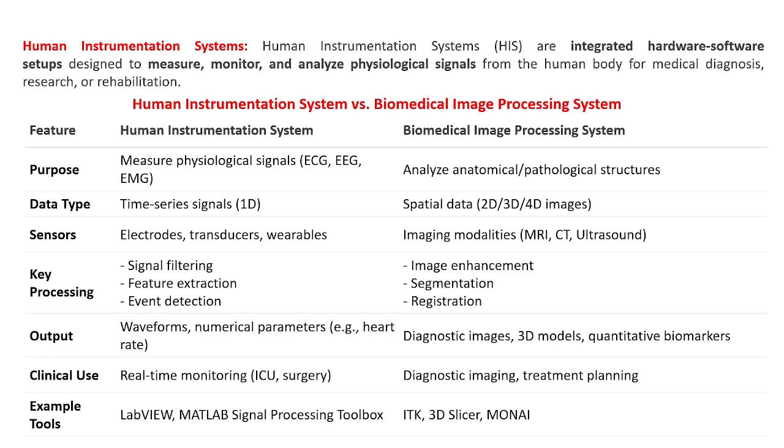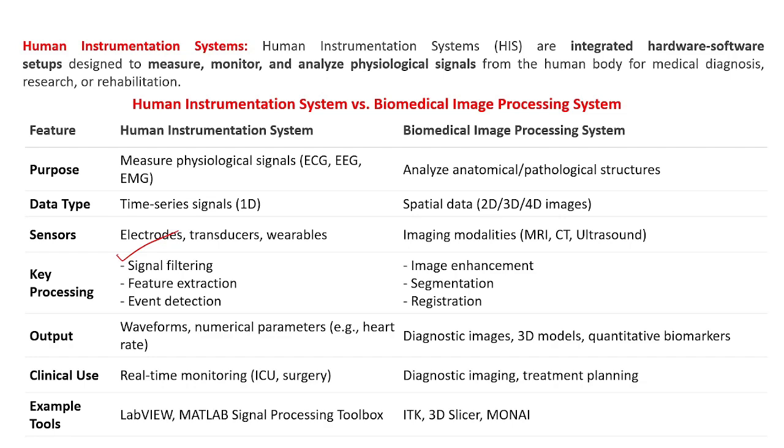So we can see the human instrumentation system measures physiological signals. That means not images. It only discusses signals like ECG, EEG, EMG. So it's all about the signal. It is a one-dimensional time series, captured by electrodes, transducers, or wearable devices. Signal filtering, feature extraction, and event detection are necessary for signal processing.